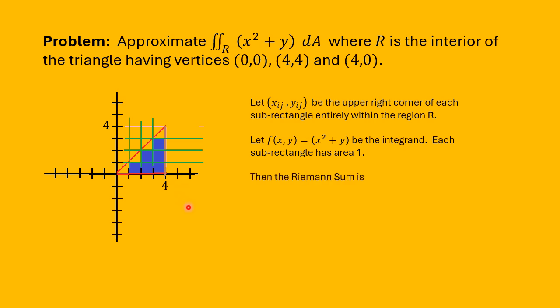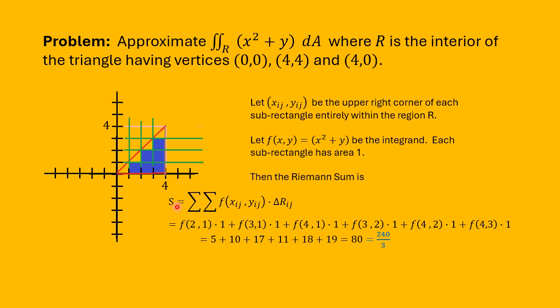And so we can now set up the Riemann sum. The Riemann sum is going to be the sum of f, this function up here, the integrand, evaluated at x sub ij, y sub ij, and for the ijth subrectangle, that xy point is going to be the upper right vertex of the square.